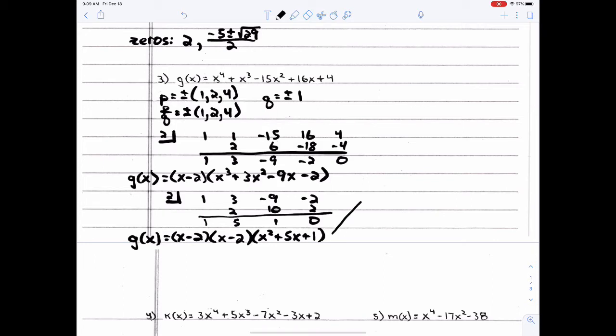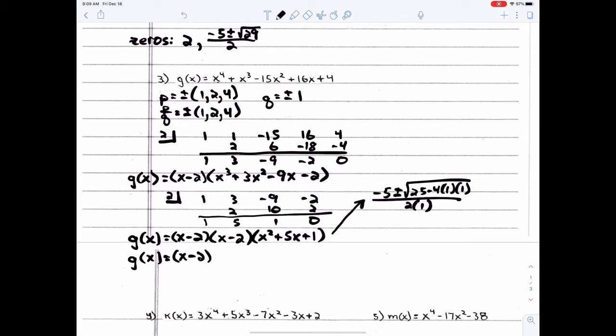So what we're going to do is use the quadratic formula. So we have negative 5 plus and minus the square root of 25 minus 4 times 1 all over 2 times 1. And now we'll write g of x equals x minus 2.